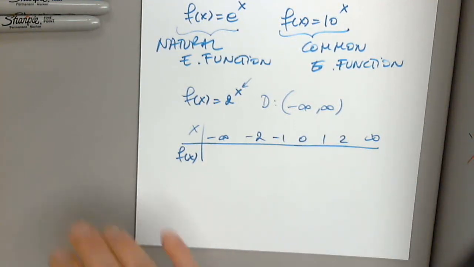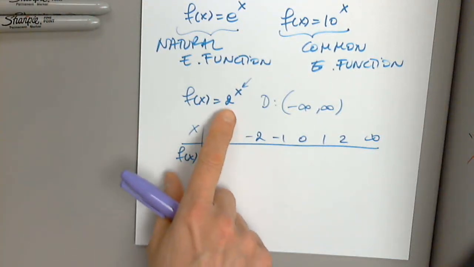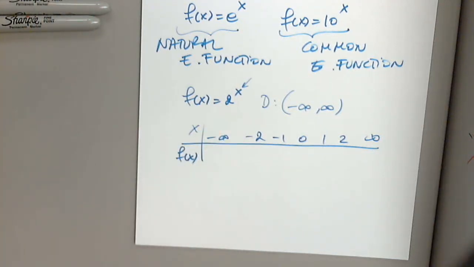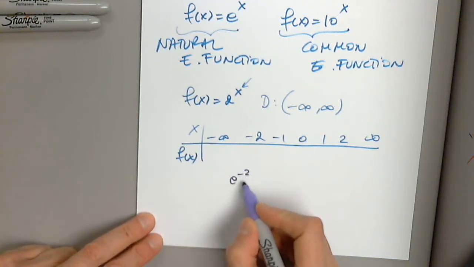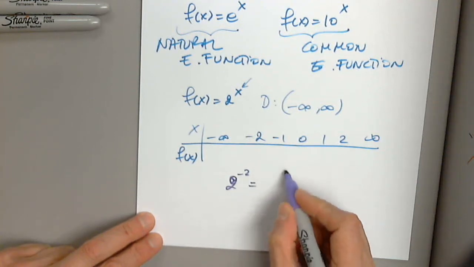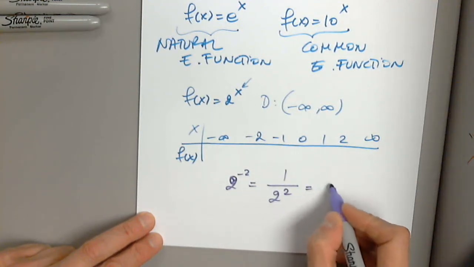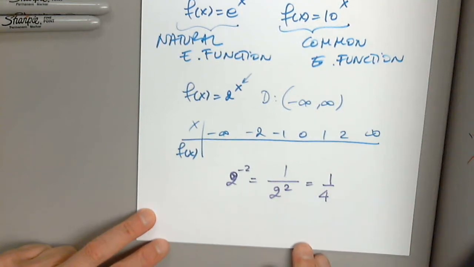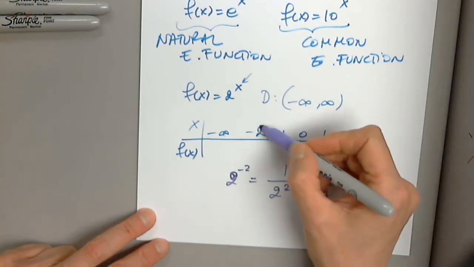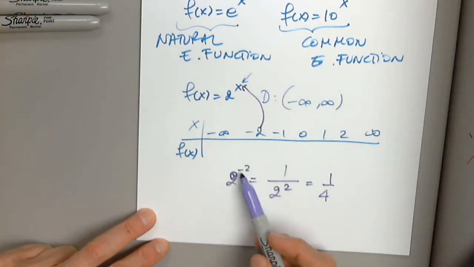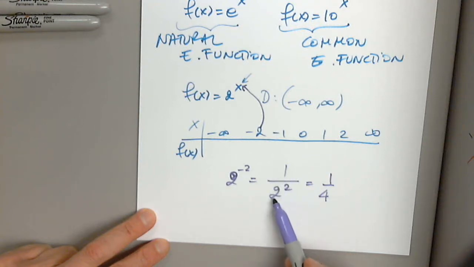Can anyone give us the function value when x is -2? Careful. We plug in -2 in here, so we get 2 to the -2, which becomes 1/2 squared, which equals 1/4.